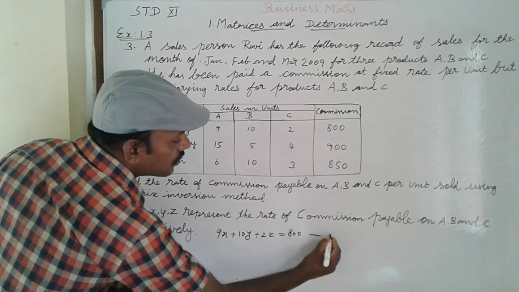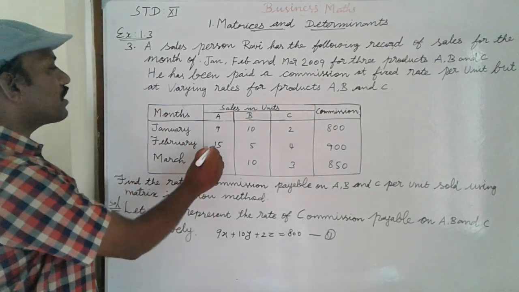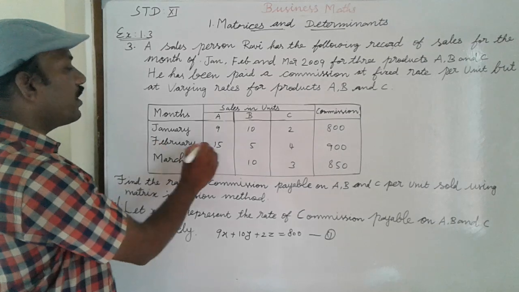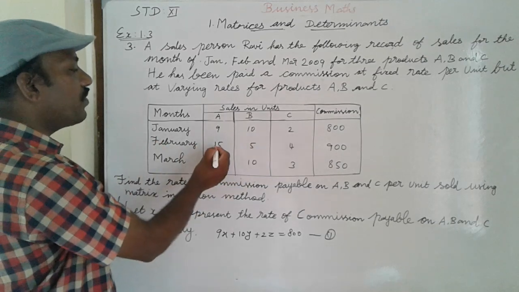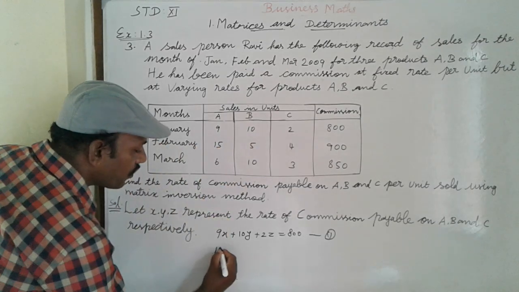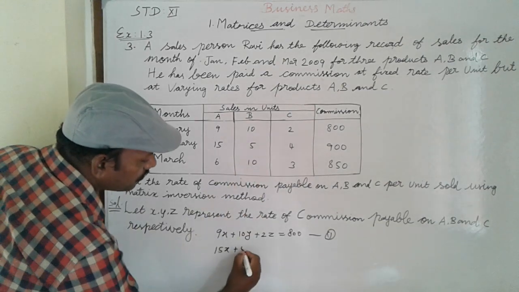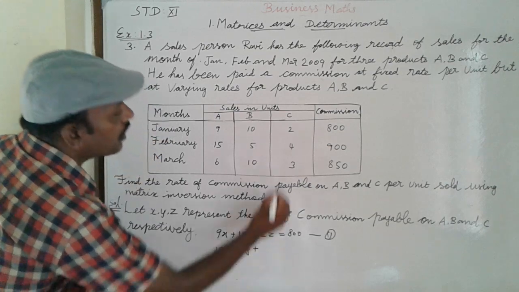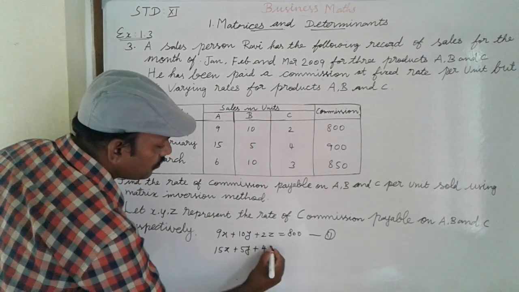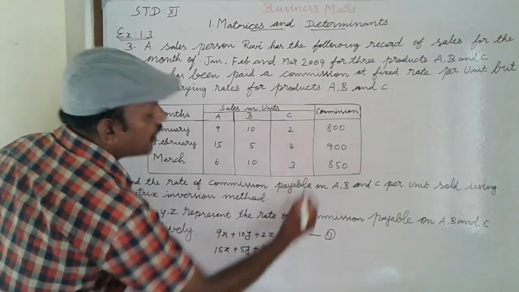The second equation, for February: 15x plus 5y plus 4z equal to 900.